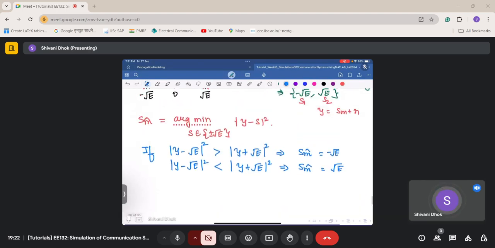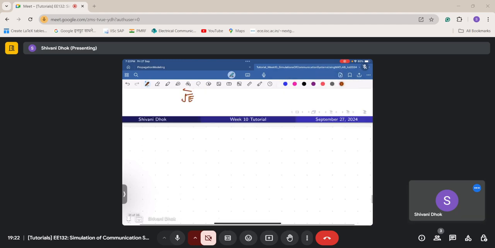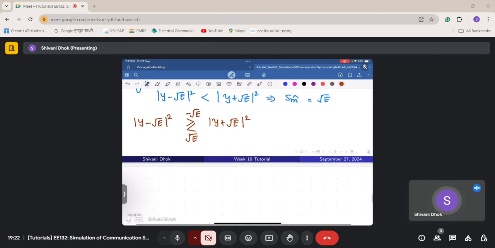Okay, so we can write this in a more concise fashion like in the previous questions. So if y minus root E square is greater than y plus root E square, then decide in favor of minus root E, otherwise decide in favor of root E. Okay, so now we can simplify this.